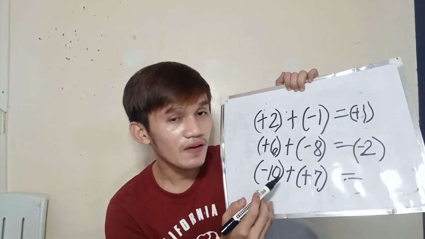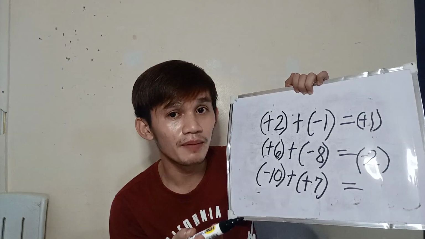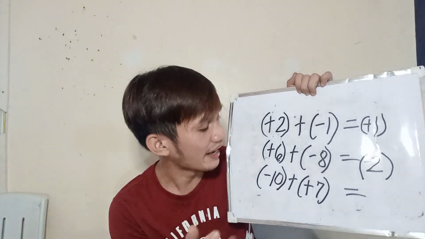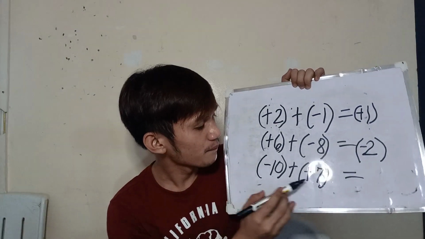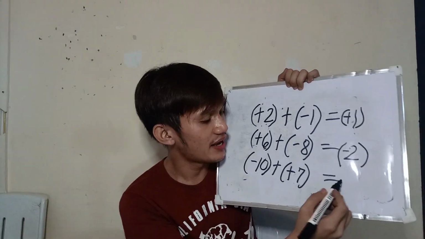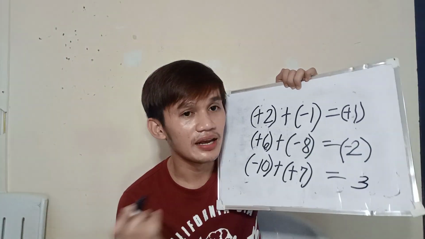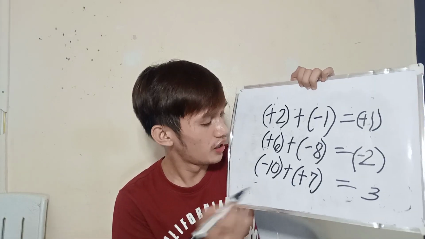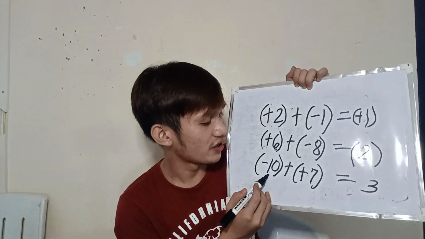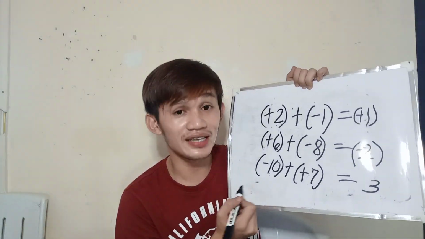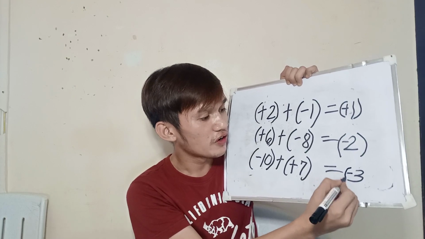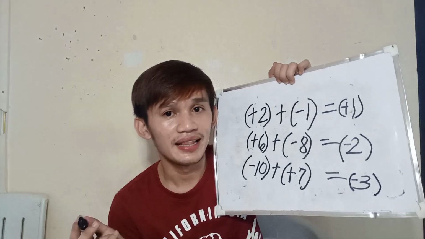Negative added to a positive, then you are going to subtract because they are different signs. So 10 minus 7 is definitely 3. And then you just keep the sign of the higher number. Which is higher, 10 or 7? Of course, it's 10. So since 10 is negative, your answer must be negative 3.